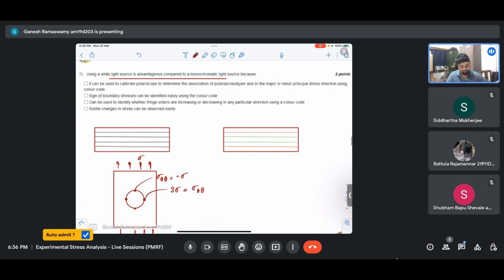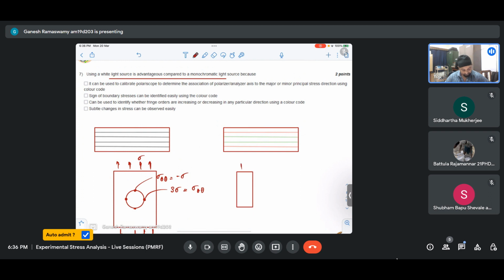Once we place an isoclinic here, it will give us theta p, which will be related either to the minor principal stress or major principal stress. To determine which it is, we can take a model of known stress.